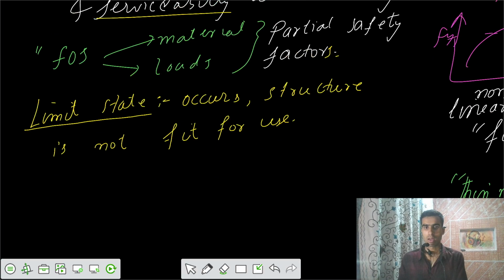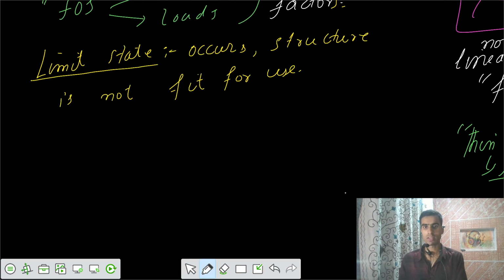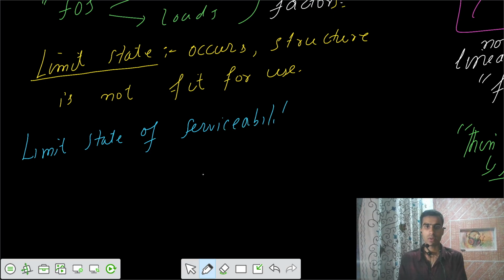So this method is saying we have two different limit states: one is the limit state of serviceability, and the second one is the limit state of collapse.